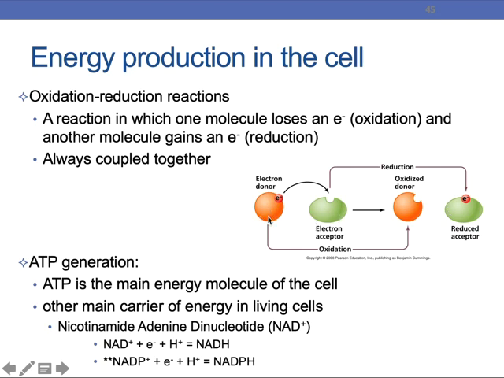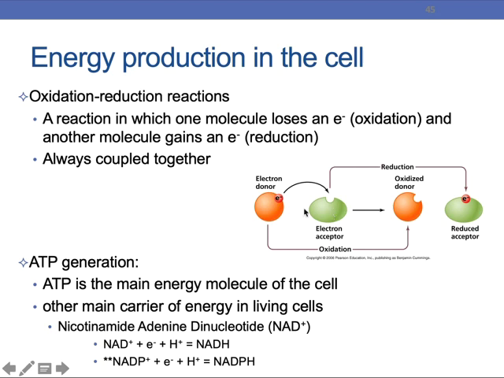So you have two reactants. One is releasing electrons, the other is accepting electrons. And with the electron comes energy, by the way. But yes, just the release of electrons and the acceptance of electrons.